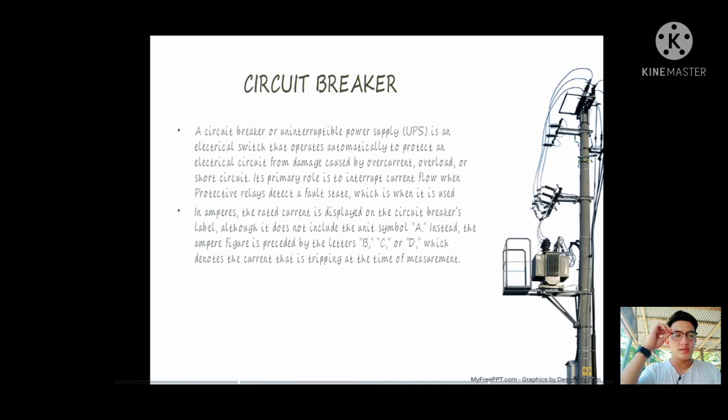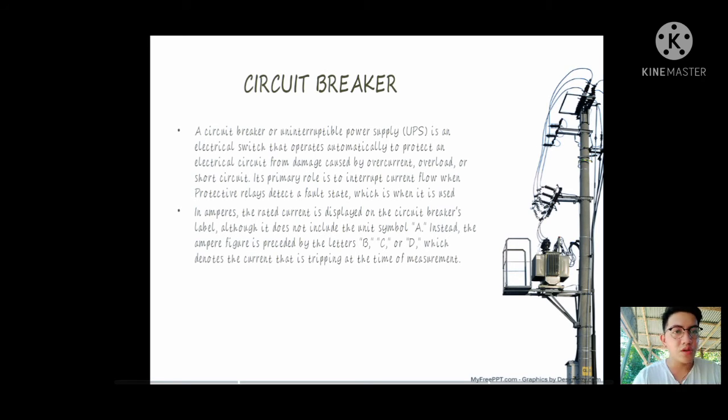Next is the circuit breaker. So circuit breaker, or interruptible power supply, or the UPS, is an electrical switch that operates automatically to protect an electrical circuit from damage caused by overcurrent, overload, or short circuit. Its primary role is to interrupt current flow when protective relays detect a fault.